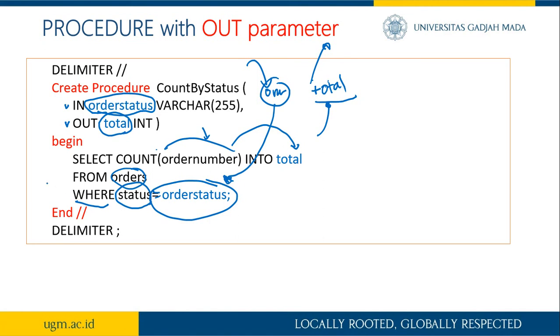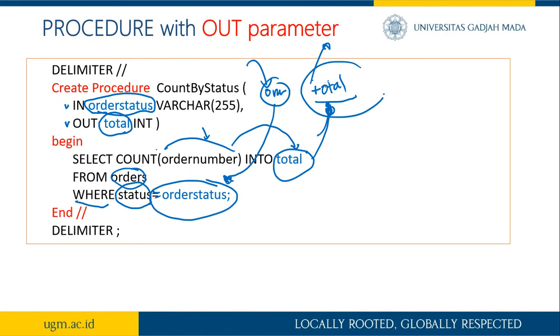See? Okay, so I select all the order number into total, but only those that meet the condition, which is the status is the same with the order status, the same with the values that pass into the parameter, and it will be out into total.